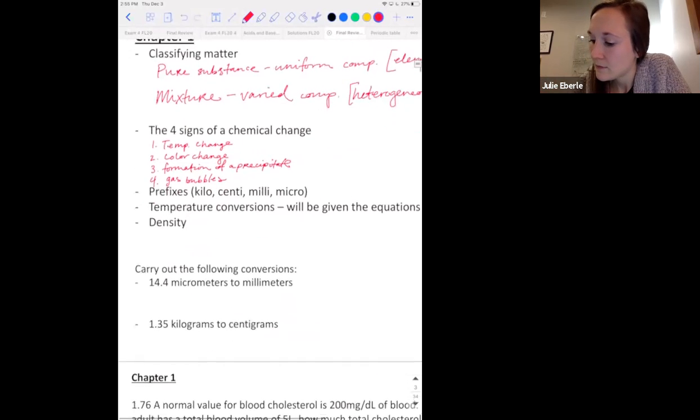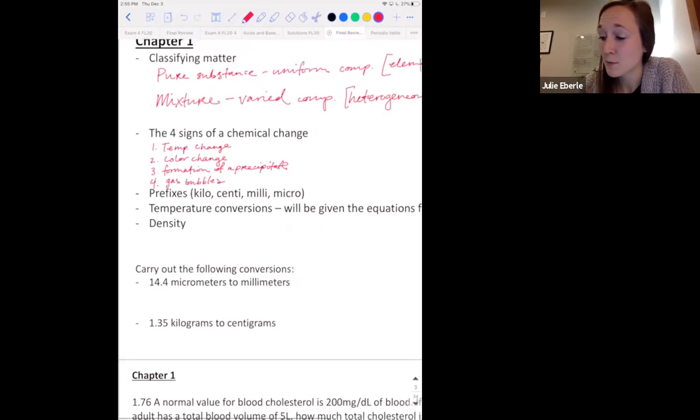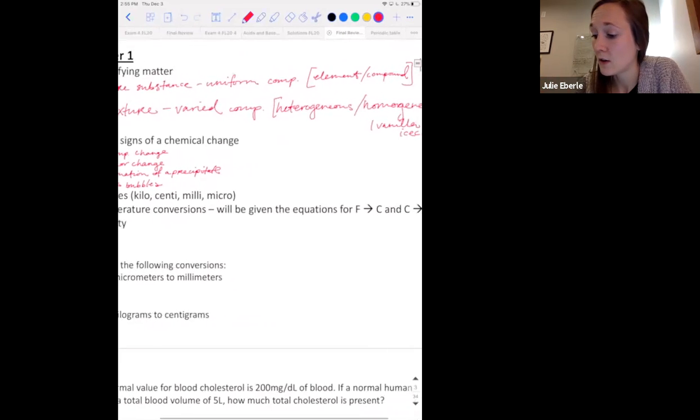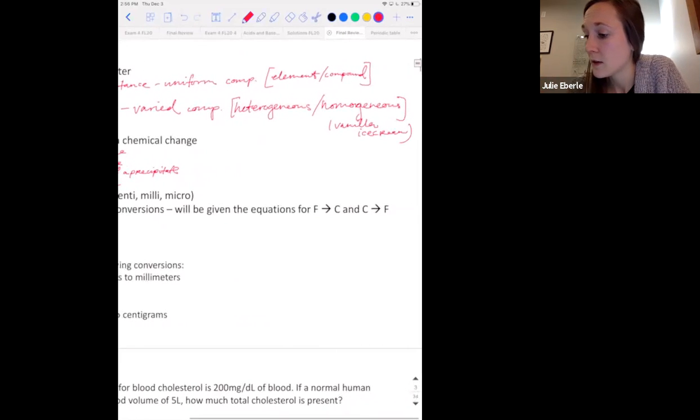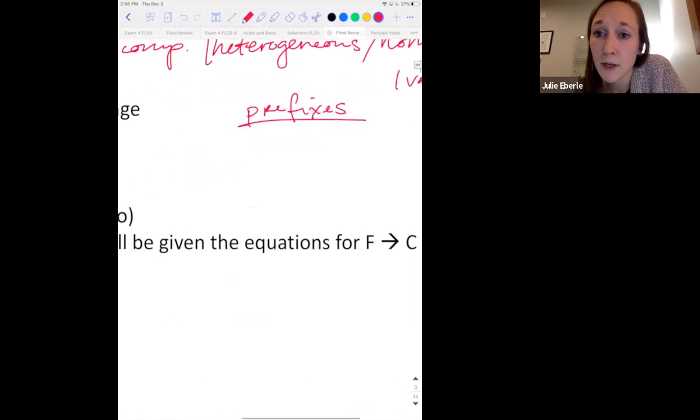Okay. Prefixes are a next big topic that we went over in chapter 1. The 4 I wanted you to know were kilo, centi, milli, and micro. We're going to write out how these are related to the base unit. Hopefully this comes pretty naturally to you now, because we've done this all semester long. Kilo is the one that's bigger.